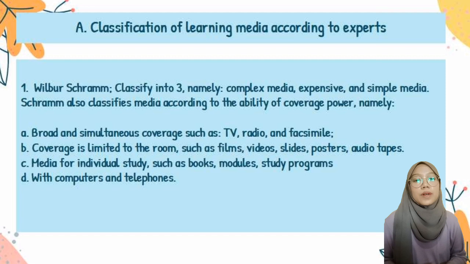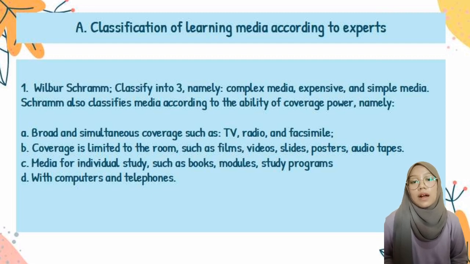First, Wilbur Schramm classifies media into three, namely complex media, expensive media, and simple media. Schramm also classifies media according to coverage power, namely broad and simultaneous coverage such as TV, radio, facsimile.